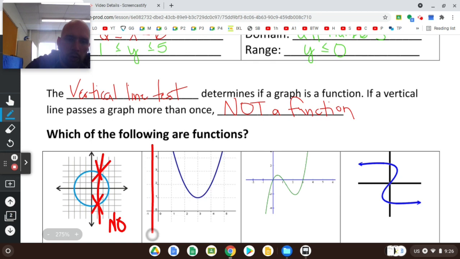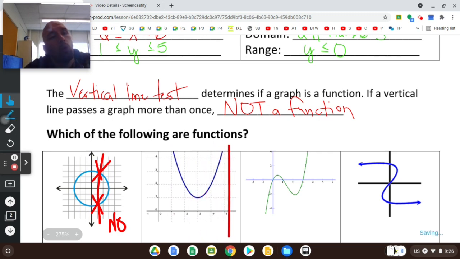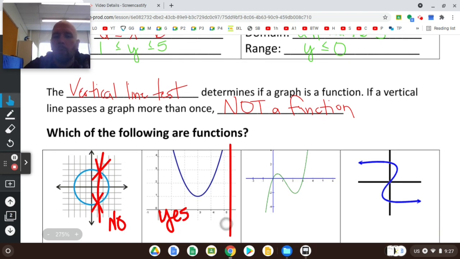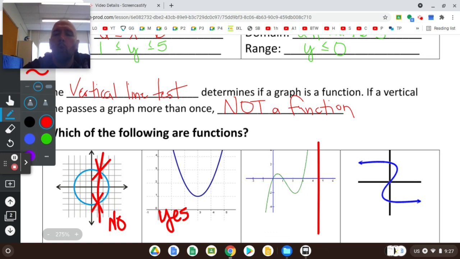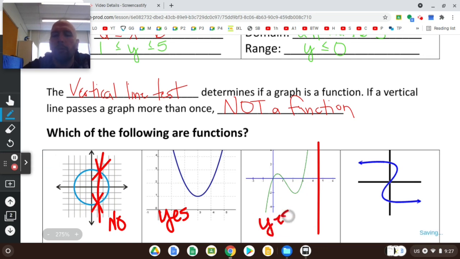Let me draw a better vertical line, much better. Beep, beep, beep. Ooh. The old beep, beep test never fails. See, every time I run my red line through the graph, it's only touching the red graph once.